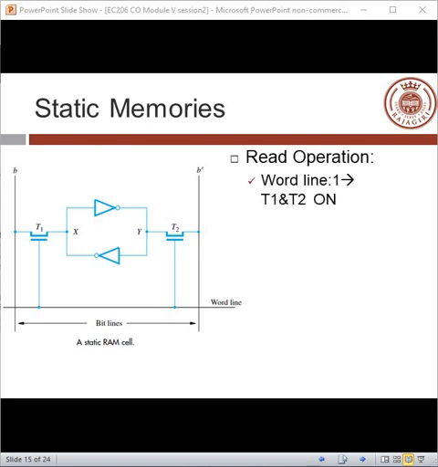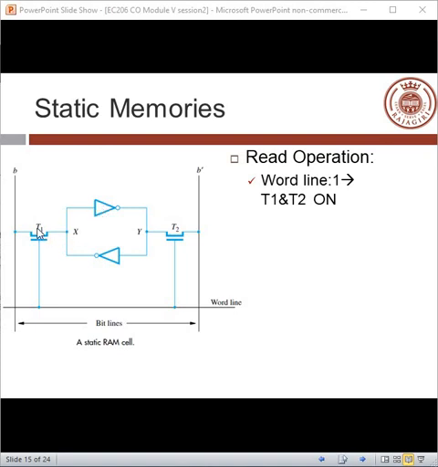For the read operation, what will we do? We will give the word line as high. If the word line is high, that is connected to the gate of the NMOS T1 and T2, that means transistors T1 and T2 will be on. So whatever data is stored in this inverter latch will be available at the points B and B dash.